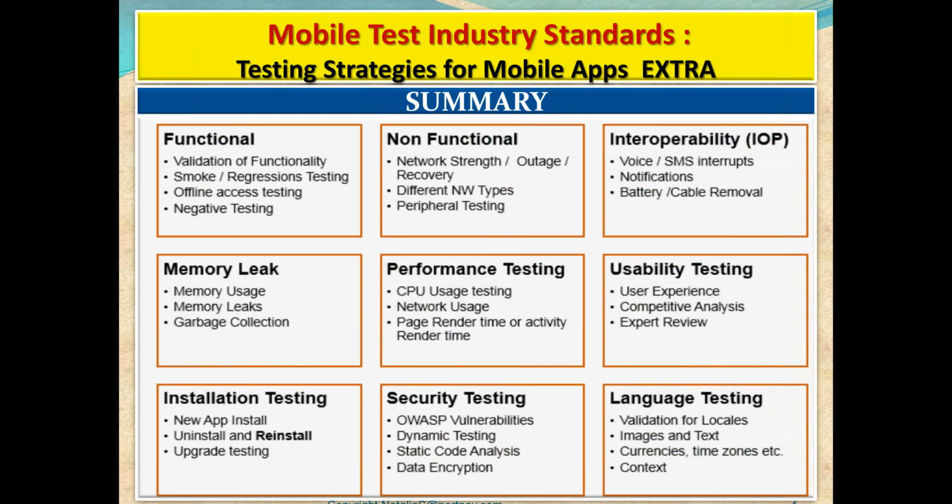Security testing, you see always OWASP on the first line. Dynamic testing, static code analysis, and data encryption are tools like what I told you before. Installation testing: we're going to be going today through the most thorough details about the industry standards for each mobile application. And of course, memory leak, that is a tool too.